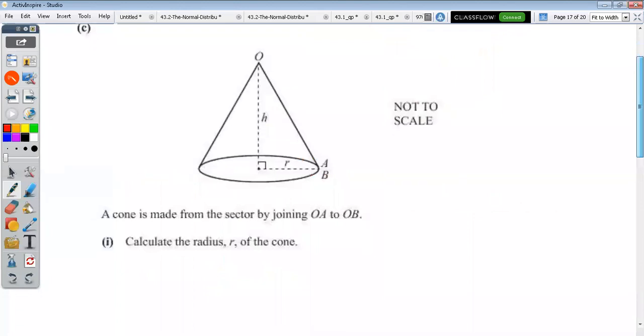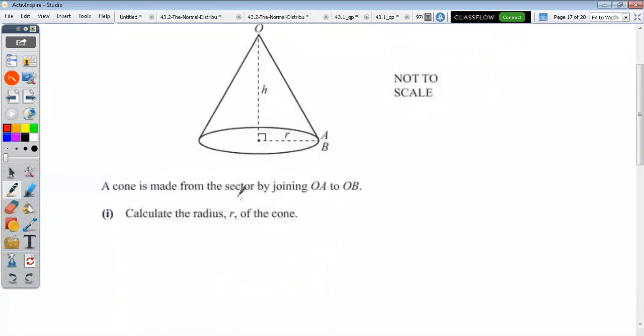A cone is made by joining the sector. Okay, a cone is made from the sector by joining AO to AB. Okay, calculate the radius of the cone.